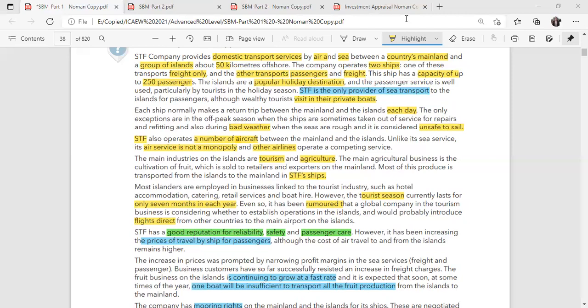In my case, I think he has mentioned most of the items that I had identified, but maybe just to add, from the text we identified that they only have two pieces of equipment, the ships.